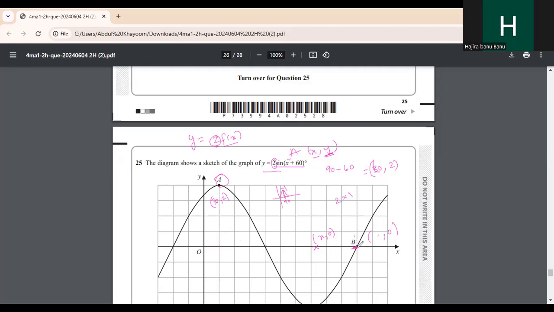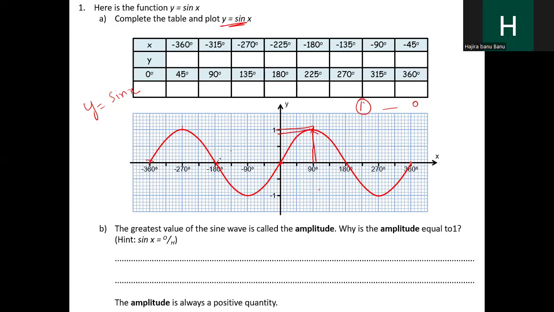So here at point B in the original graph, let me go back to the original graph for your reference. In the original graph, what is the value here? It is 360.